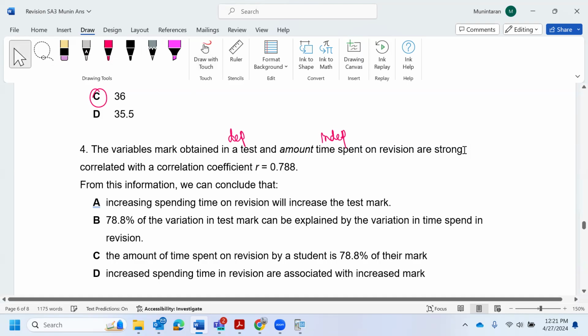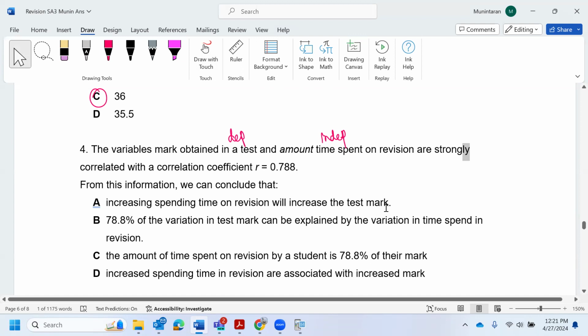It should be strong. I think it's a language issue. I'll leave it. We can conclude, this is 0.7. We can conclude an increase in the time spent on revision will increase the test mark.